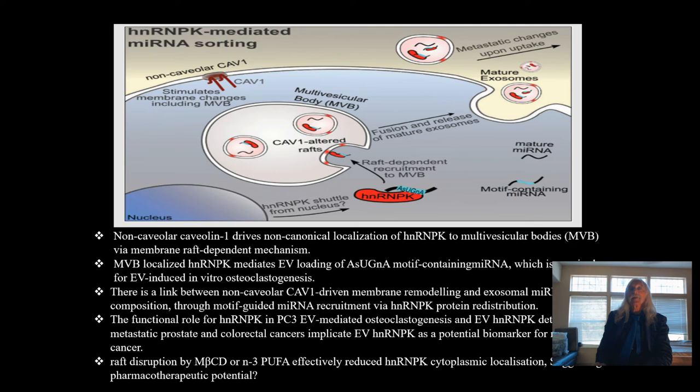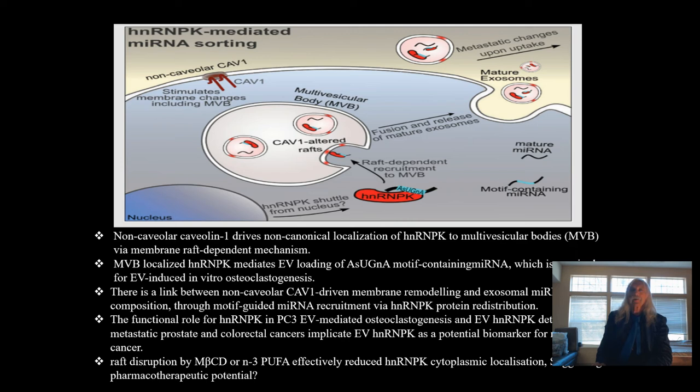You see, it's got a uracil, right? And a guanine, and then any nucleotide, then an adenosine. Right? That's what we're talking about. So non-caveolar caveolin 1, that's CAV1, drives non-canonical localization of the HNRNPK, that polypeptide. It's coming from the nucleus.